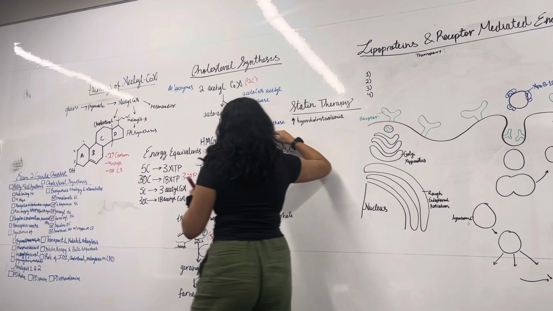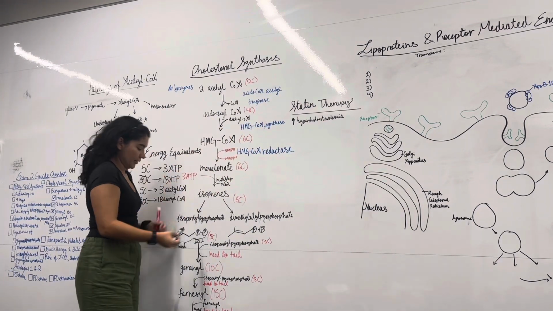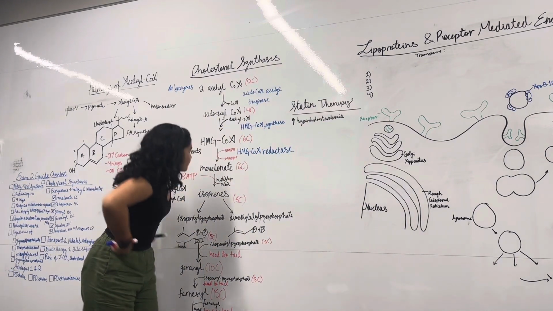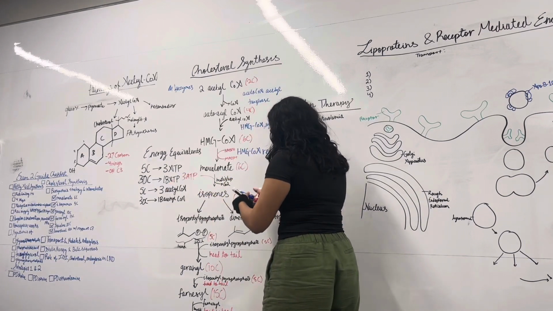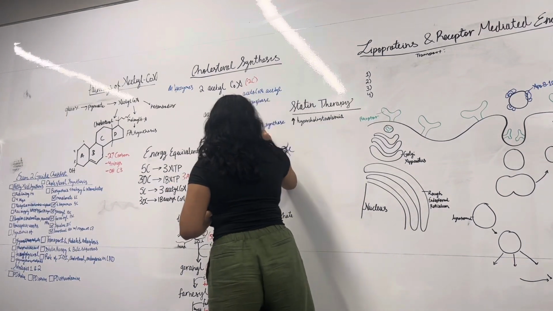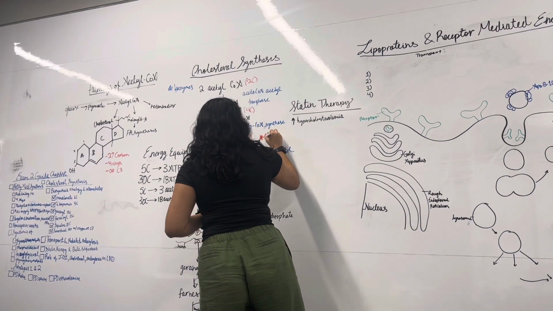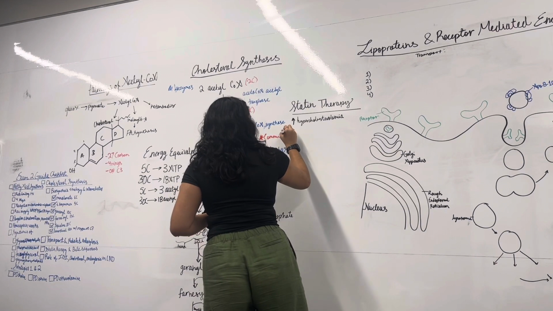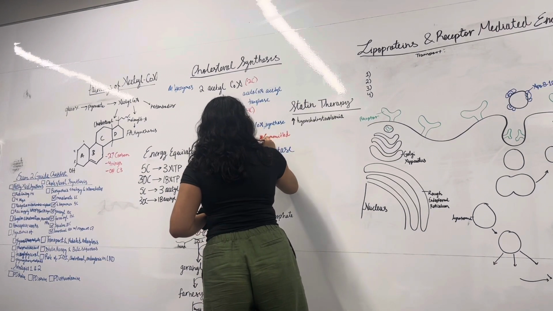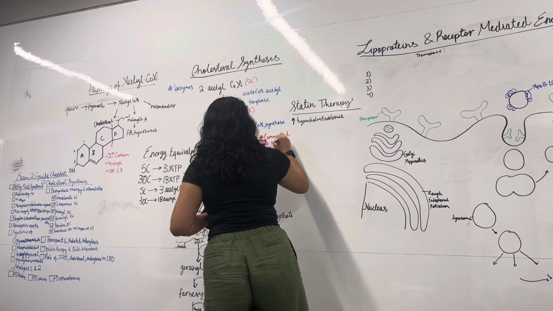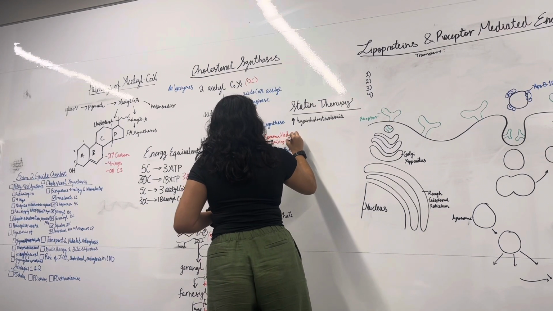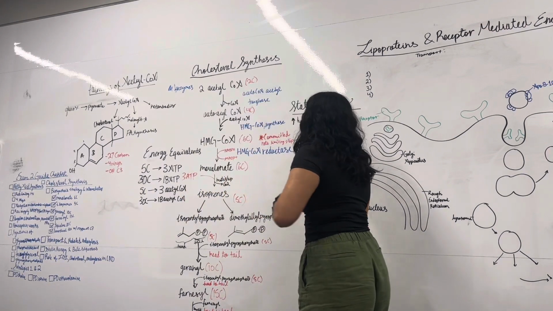So this is, like I said, your committed step. Write that down. HMG-CoA turning into mevalonate is our committed rate limiting step of cholesterol synthesis, right?